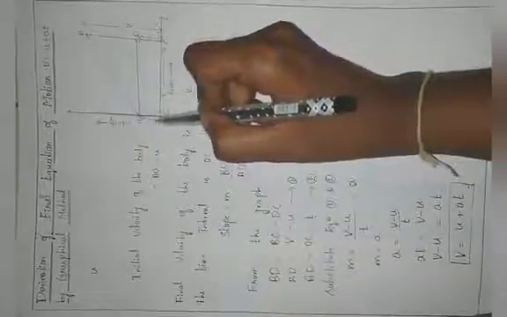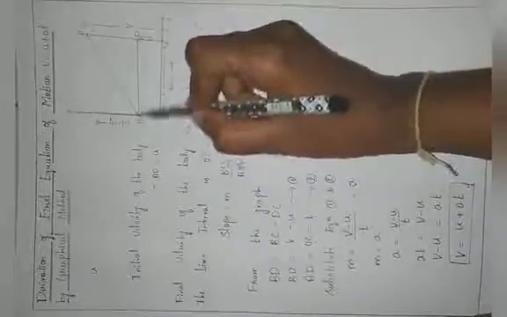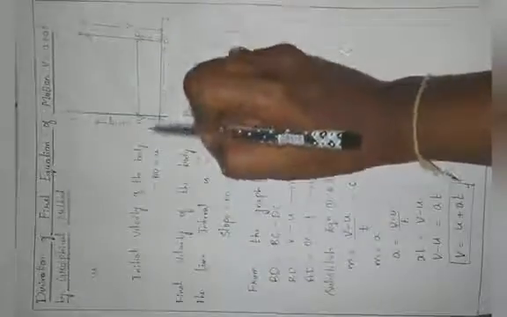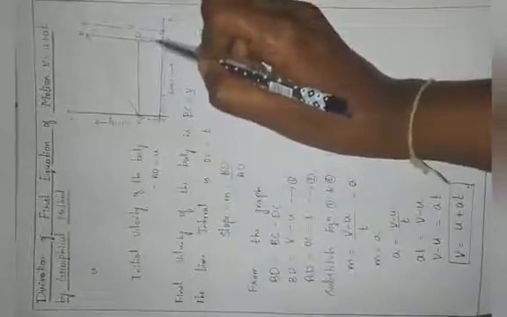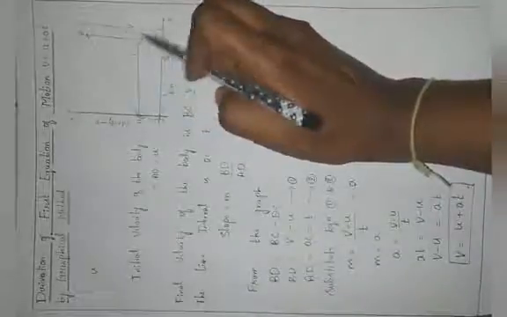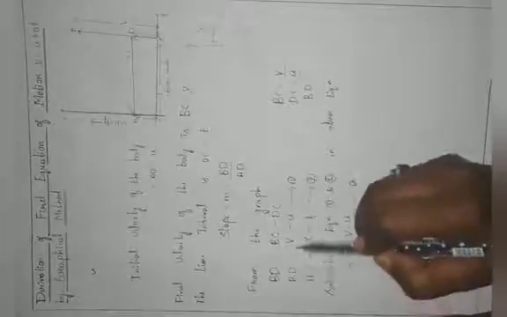AO value is U, so the DC value will also be equal to U, because they are parallel and equal in distance. BD is equal to BC minus DC. BC value is V, DC value is U, so BD value is V minus U.